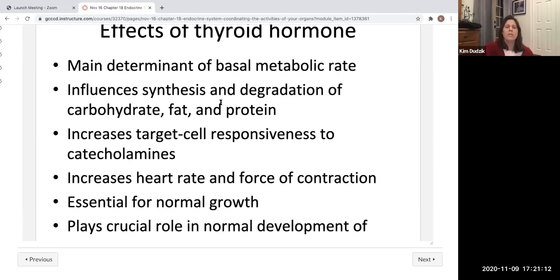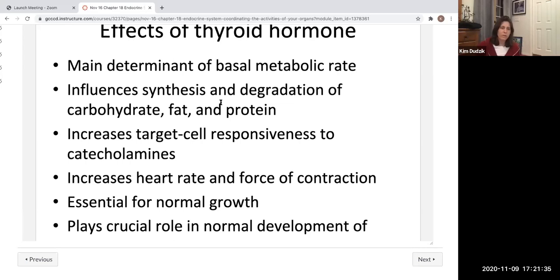It increases the target cell responsiveness to catecholamines. And remember, that's your norepinephrine and epinephrine. Okay, and so I mentioned in the previous part 1 lecture that thyroid hormone just helps to kind of prime the target cells to be more responsive to epinephrine and norepinephrine.